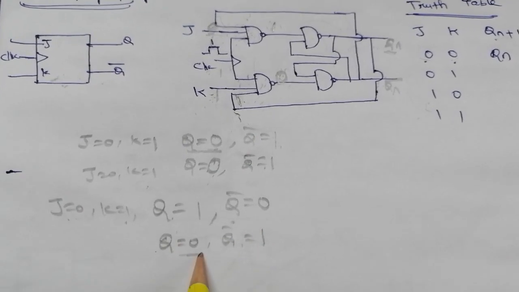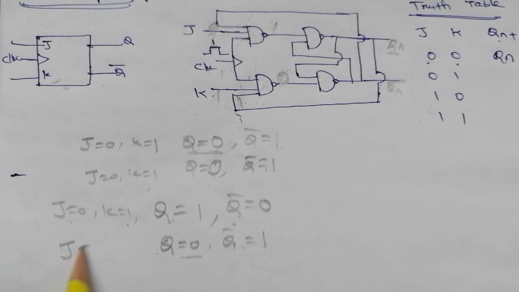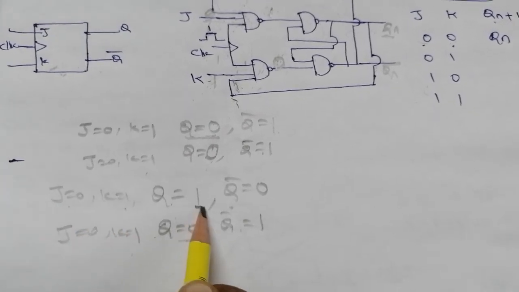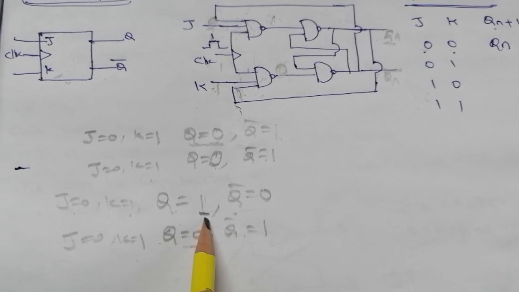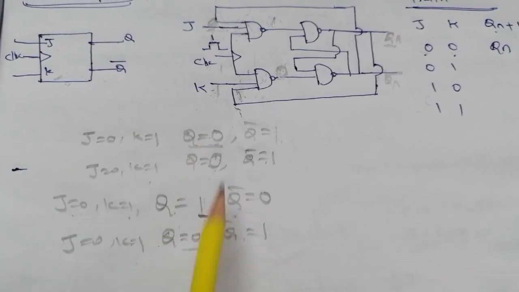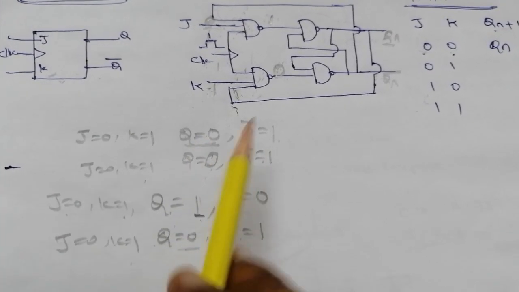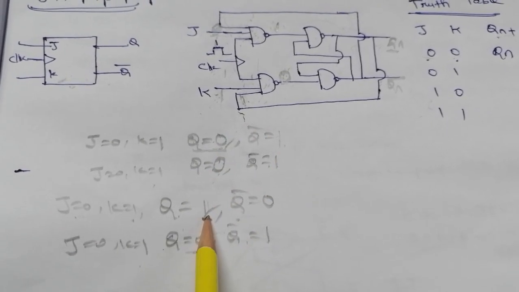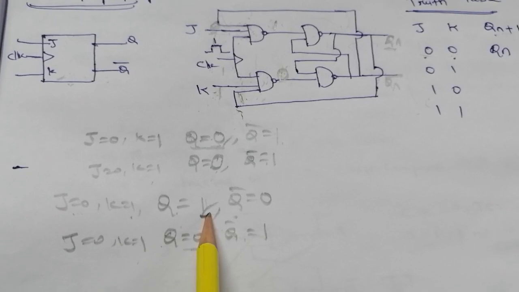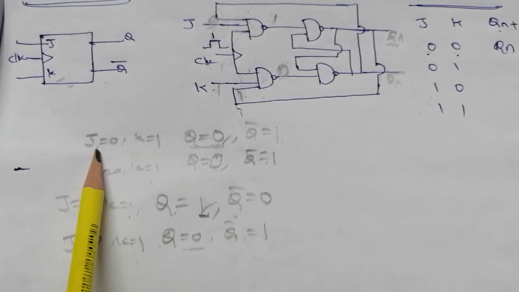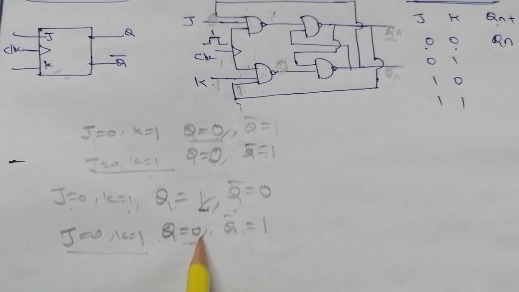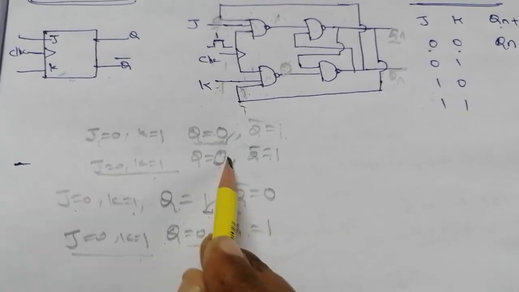This is the next state for the input of J equal to 0 and K equal to 1 when the past output is 1. So in these two cases, whether the past output is 0 or 1 is not a problem. When we apply the input J equal to 0 and K equal to 1, the next state will be 0.